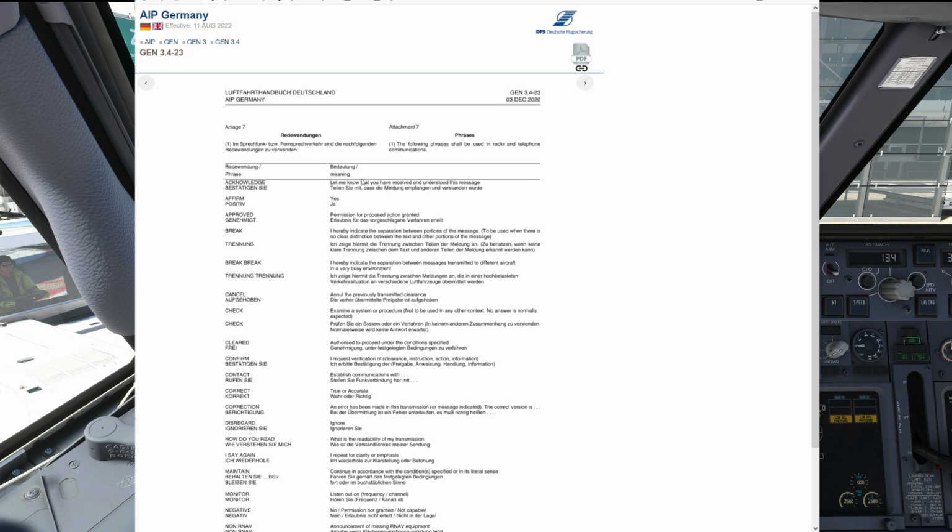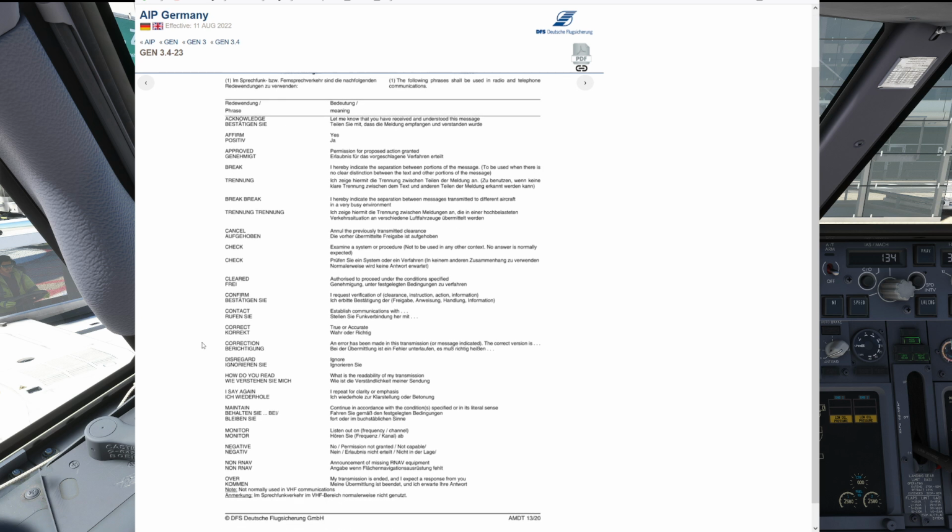Going on then, we have our radio phrases. Now this is where things really do become more interesting. Note that in here they are always given in English and German language. Keep in mind we're still in the German AIP, but you should know at least basic information, like for example, what does acknowledge mean? How can you confirm something, like saying affirm?